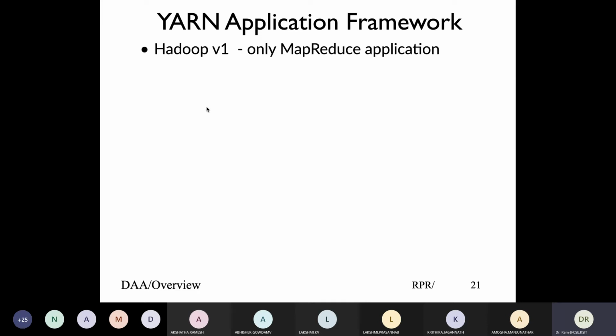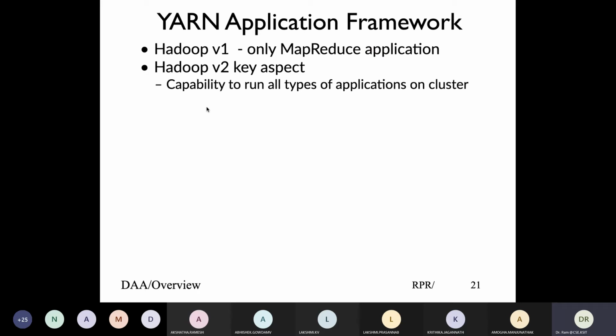So we looked at the application structure. Now we look at the application framework. In Hadoop 1, we had only MapReduce. Hadoop 2 gives the freedom. That means MapReduce is one application framework, but we could run other kinds of applications as well. We have seen one example, our distributed shell.